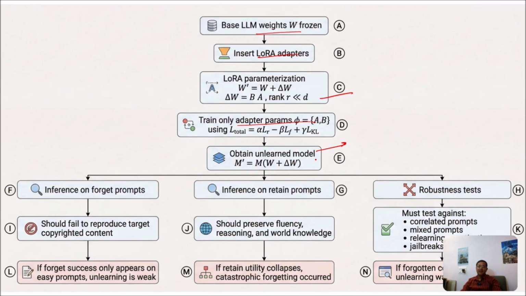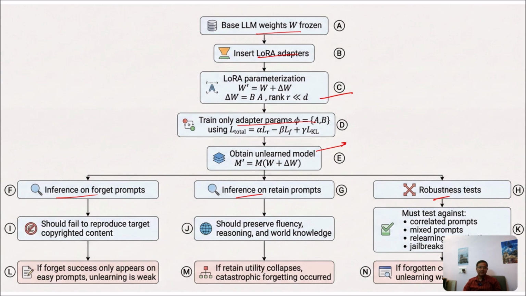Here we also apply a sequence of checks, so that we can say that after unlearning, the model is not behaving the way it was made for. For example, it will check inference on the forget prompts, inference on the retain prompts, and a robustness test.